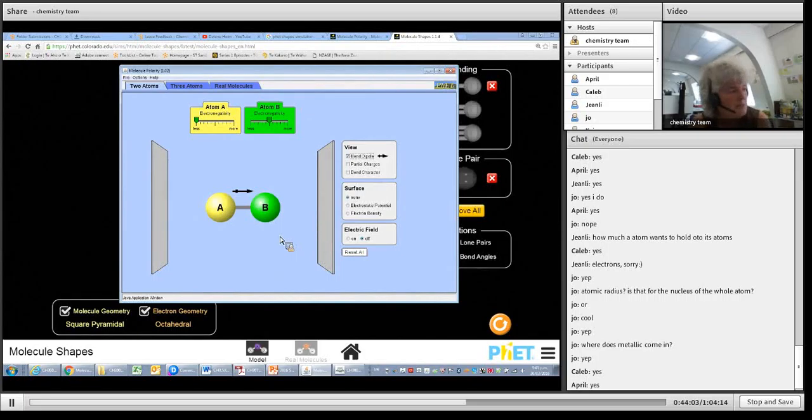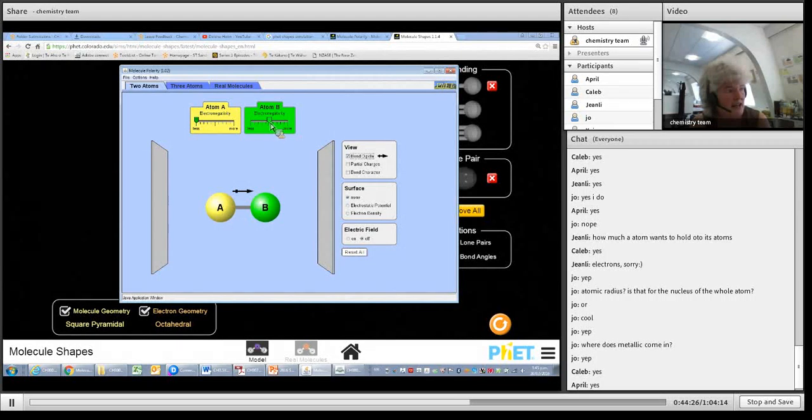What we're looking at here is this arrow showing the bond dipole, the separation in charge, always going from positive to negative. They've made atom A not very electronegative, so it's not holding onto its electrons very strongly, and atom B is a bit more.